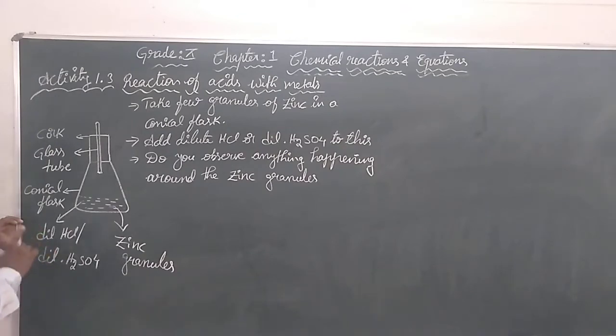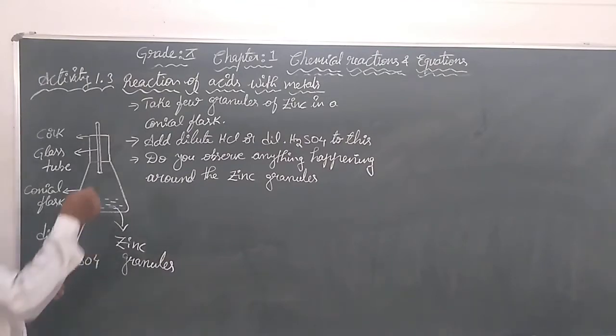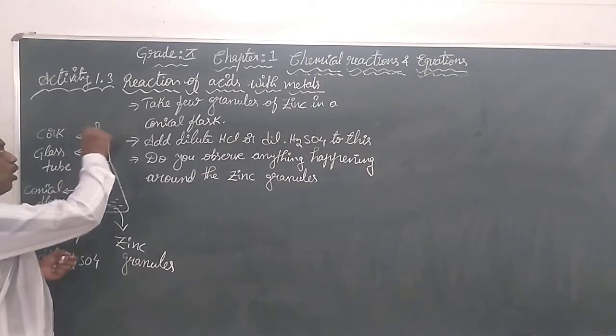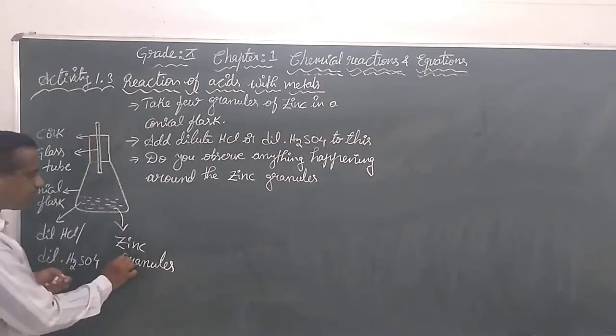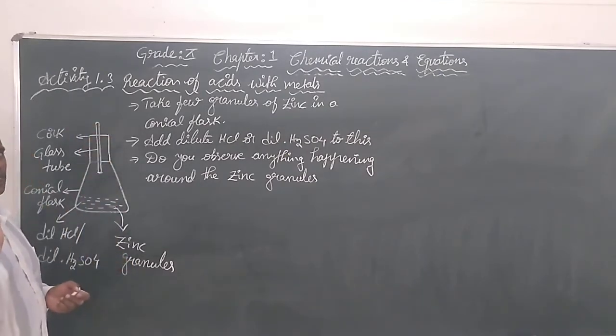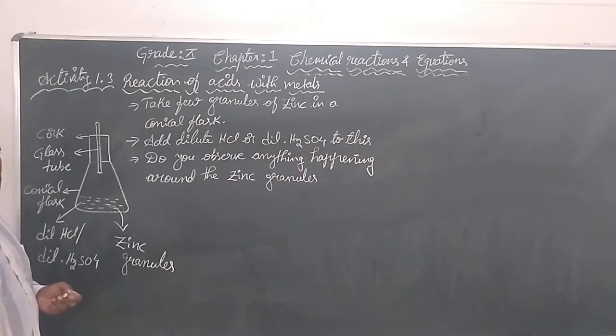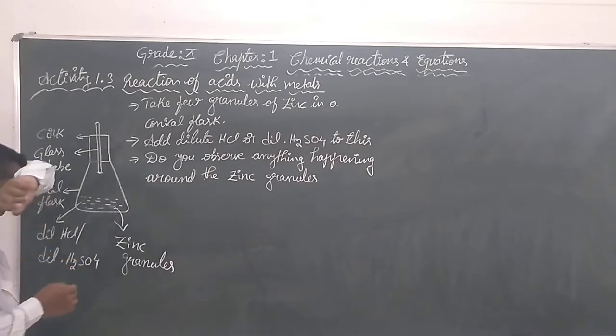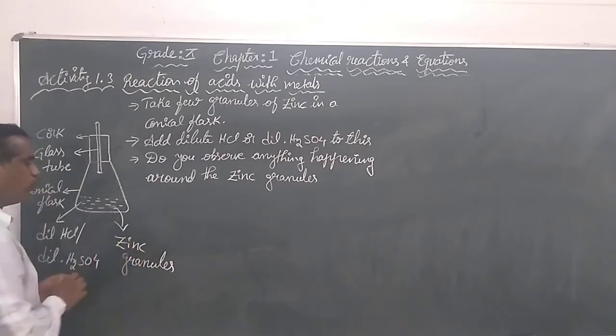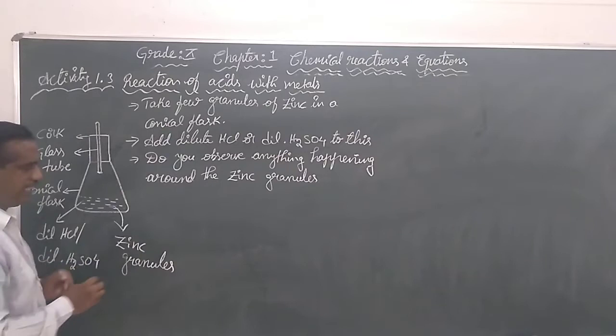Observe, children, we take only one of them, just 20 ml, a very small amount. Before we place the cork, we place small pieces of zinc, called zinc granules. These zinc granules are in the metallic state.